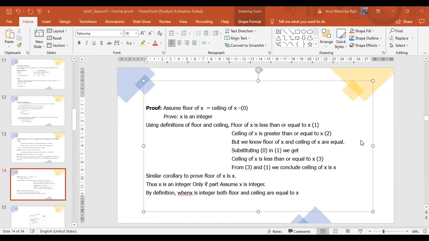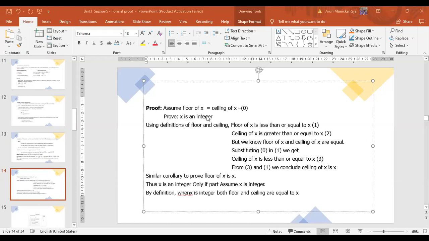Ma'am, it gives the greatest integer which is less than or equal to the particular value. Okay, for example, if x equals 3.5, then the floor value is 3 and the ceiling value is 4. So this is the floor and ceiling function.